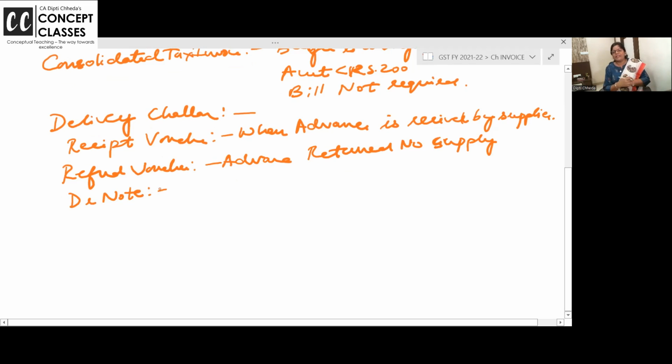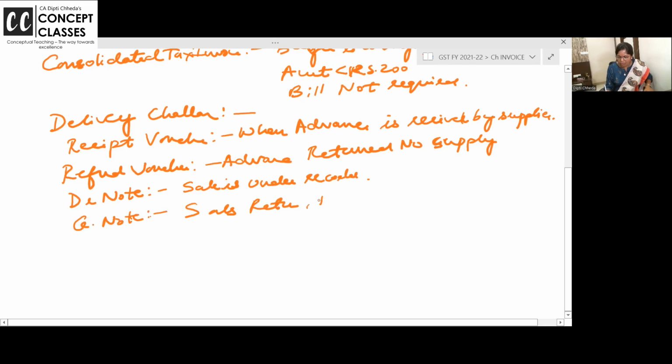Party to sales, what do we do to the party? Debit. So if the sale is under-recorded, now you want to change the invoice and all, so debit note, credit note. In case of sales return, or you can say discount.